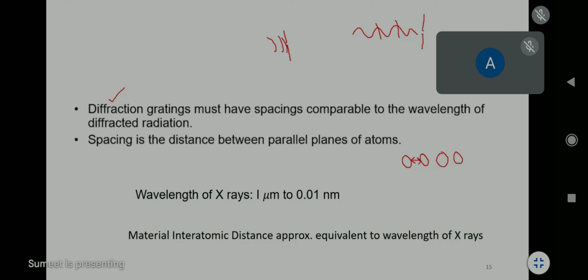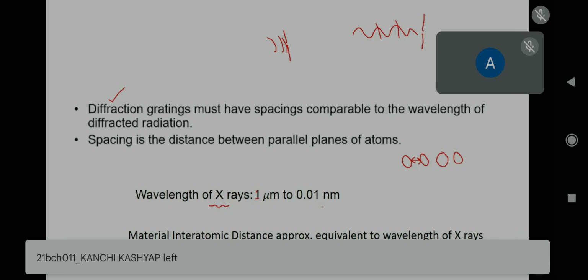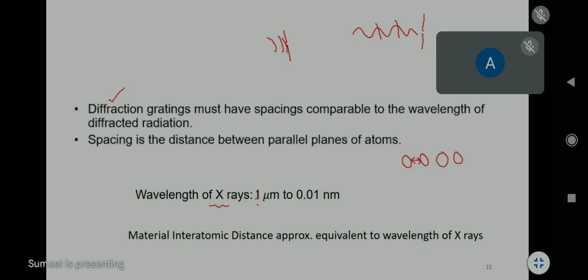This distance between the atoms will be considered as a gap from which the diffraction will occur, and this gap is comparable to the wavelength of X-rays, because in the electromagnetic spectrum, the wavelength of X-rays varies from 1 micrometer to 0.01 nanometer, and this is the range in which the interatomic distance lies.